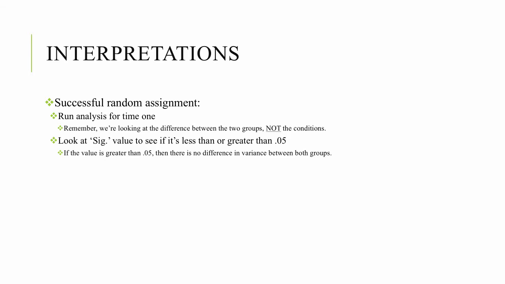So I'm going to show you the SPSS part. Hopefully it's helpful. Message me or email me or let me know during lab if all of this is helpful. So let's get started.